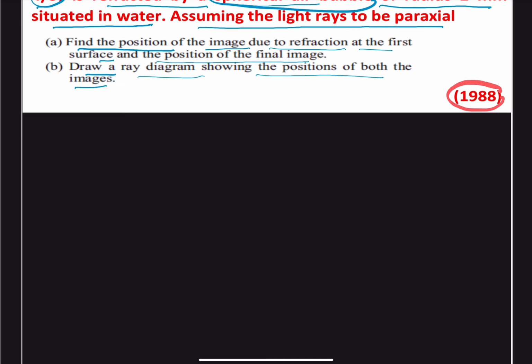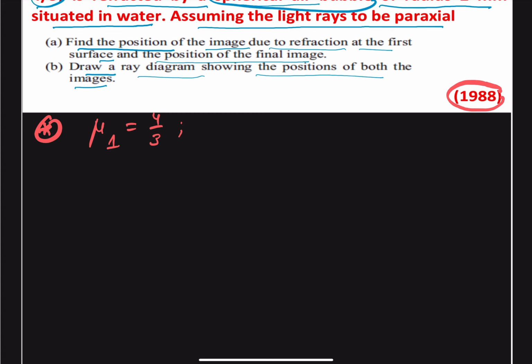So in this case we are given that the refractive index of water is 4/3, and because it is an air bubble, the refractive index of the air inside the bubble will be mu 2.